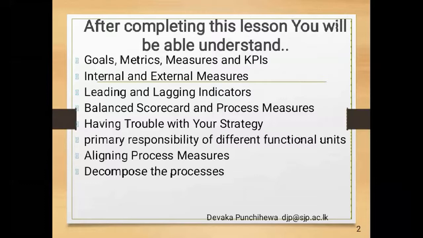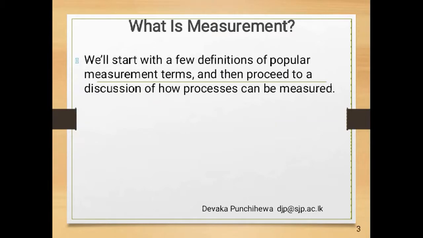In this lesson, after completing it, you will be able to understand goals, metrics, measures and KPIs, internal and external measures, leading and lagging indicators, balanced scorecard and process measures, primary responsibility of different functional units, aligning process measures, and how to decompose the processes, right? This is the content. These are the things that we are going to complete, right?